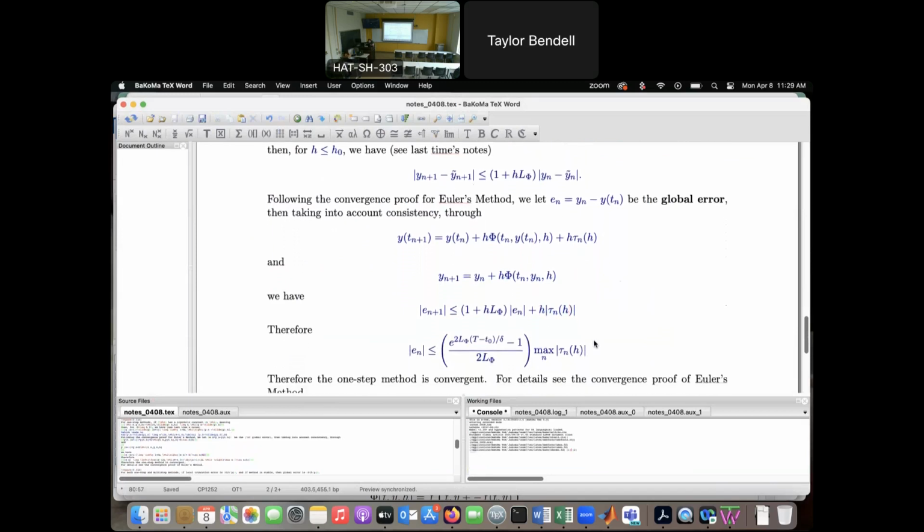Instead of jumping to the conclusion, I'm just going to run with this and actually work out the steps for you, so I can make sure everything's right.